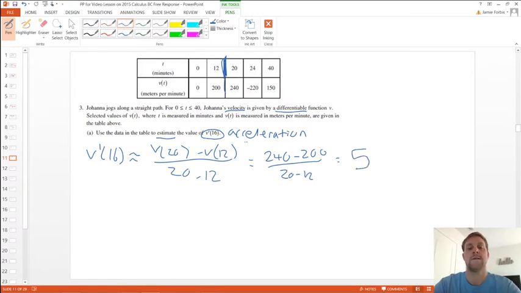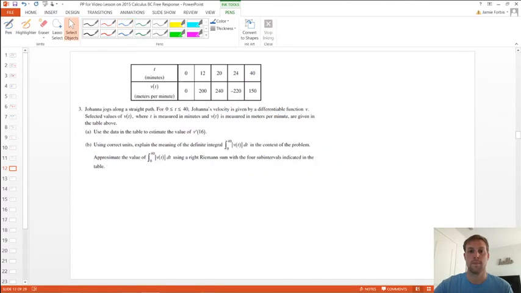The units of measurement is acceleration, so we know that's going to be meters per minute squared. Okay, so there you have it. There's A. It's a very common part A with a chart problem. That's just estimating rate of change using the slope formula. Okay. All right. Let's look at part B.